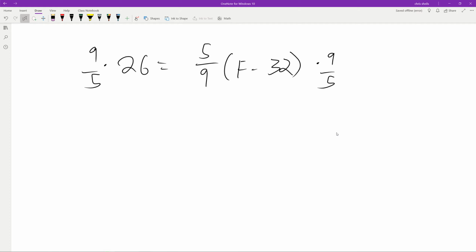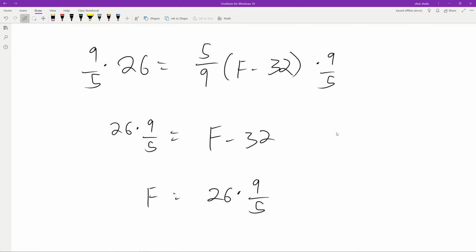This gives me 26 times 9 fifths is equal to F minus 32. And so F is equal to 26 times 9 fifths plus 32. And this is about 79 degrees Fahrenheit. So 26 degrees Celsius is about 79 degrees Fahrenheit.